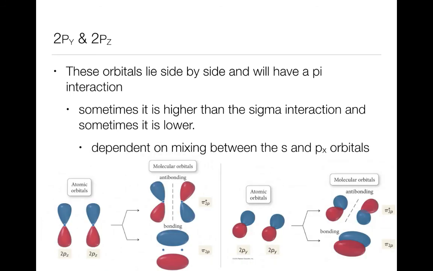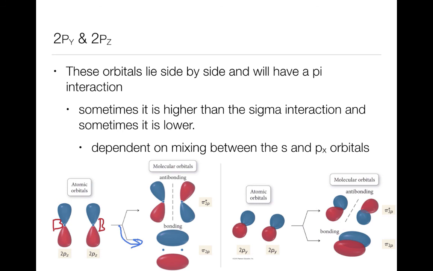But let's take a look at the 2py and the 2pz for right now. So we do have 2 kinds of mixing. We can see we've got the 2pz on one atom over here, and I'll just put in a little b so you can imagine one of my boron atoms here, one of my boron atoms here, and we have interactions between the lobes there. If it's an additive interaction, that's going to give us our bonding orbitals, and you can see we have the 2 lobes supporting each other above and below the plane of the atoms.